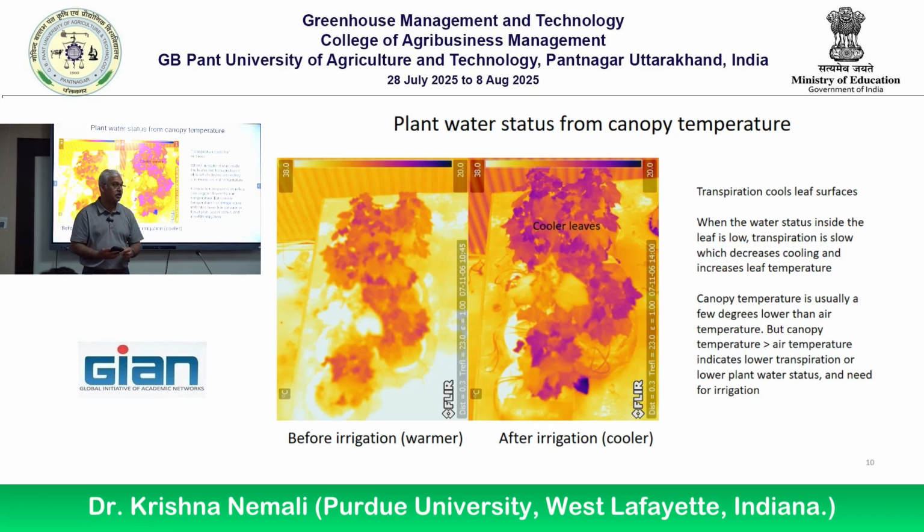I'll explain what's going on, but you can connect to your phone and you can take a picture of the plant, okay. Remember transpiration? Why do plants transpire? To maintain the temperature. When transpiration is less, what happens then? Leaves get warmer, right? If they transpire, they are cooler. If they don't transpire, they get warmer, right? So, if the leaves are warmer, what does that mean?